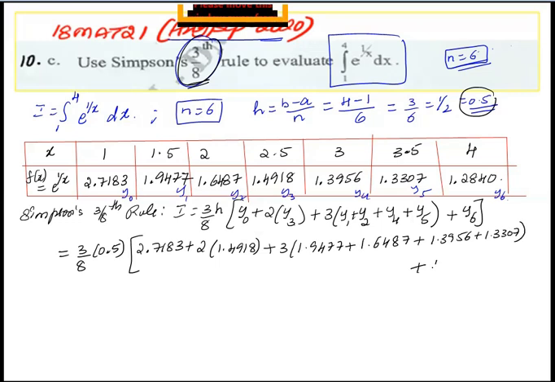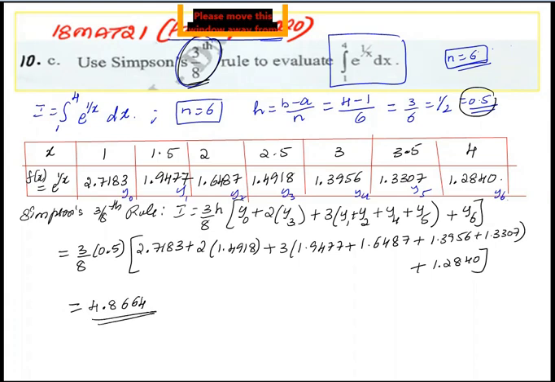Finally, the y6 value, that is 1.2840. Use the calculator here. Final answer is 4.8664, the value of the definite integral I.